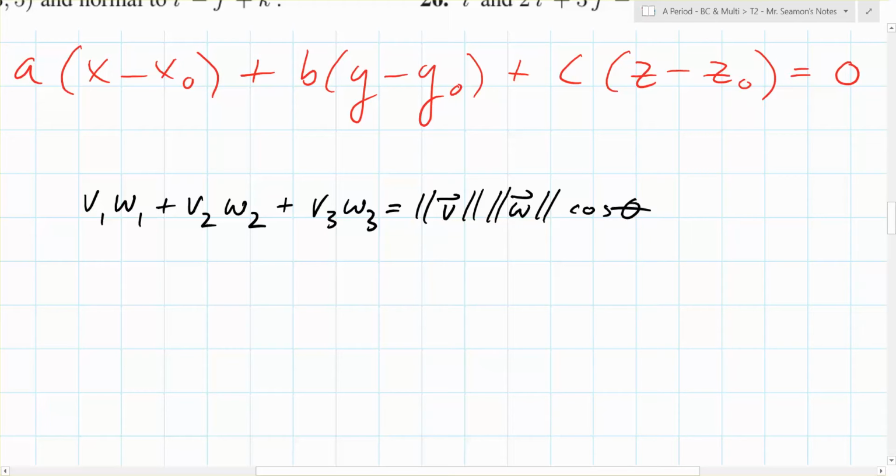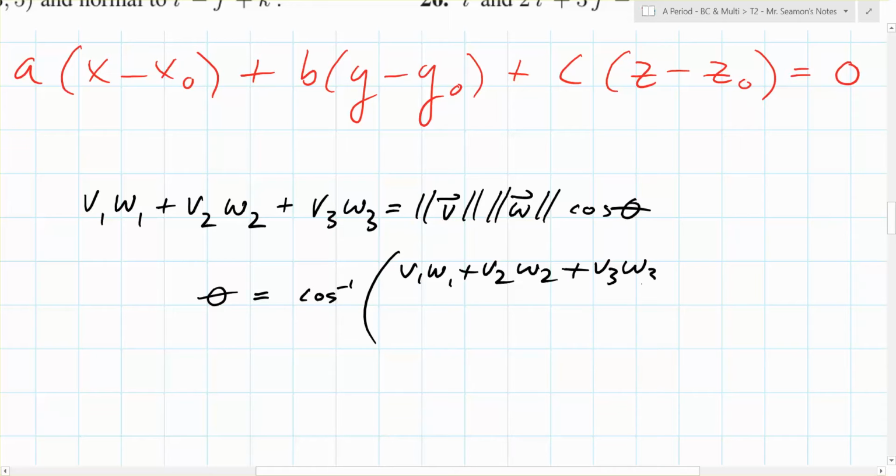What does that mean? It means that theta is equal to cosine inverse of what? V1W1 plus V2W2 plus V3W3 divided by magnitude V, magnitude W.